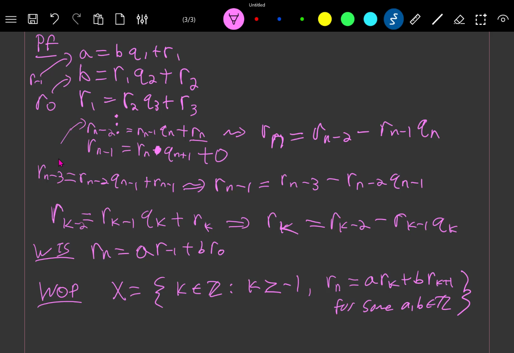And the well-ordering principle says this has a least element if it is non-empty.